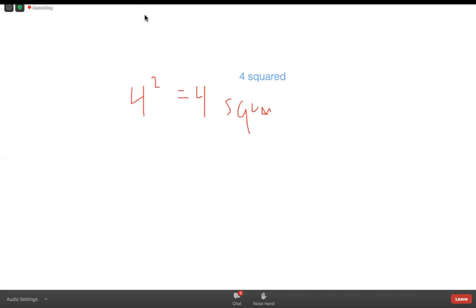That's the same thing as squared, kind of, but 4 cubed would be 4 to the power of 3. Does that make sense? So that's what cubed means.